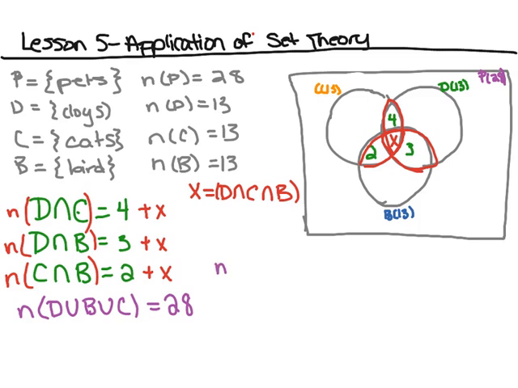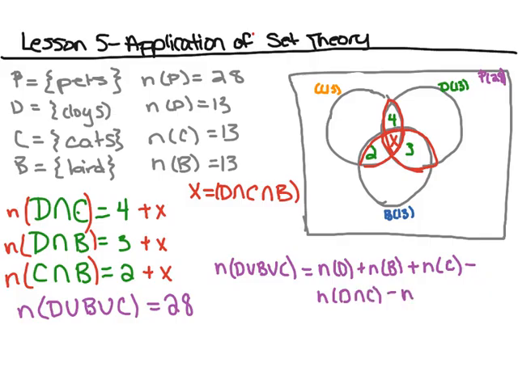The union of D or B or C is equal to the number of terms in D plus the number of terms in B plus the number of terms in C. And then we have to subtract all of our intersections. So we have minus the number of terms in D and C, minus the number of terms in D and B, and minus the number of terms in C and B.